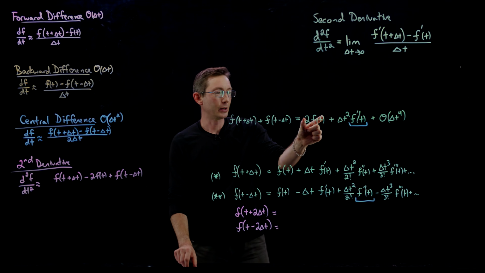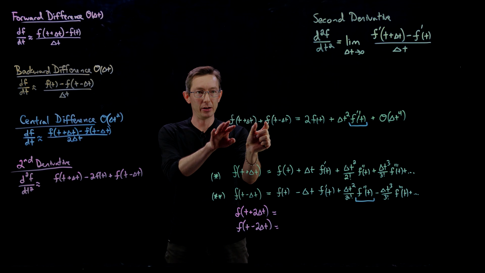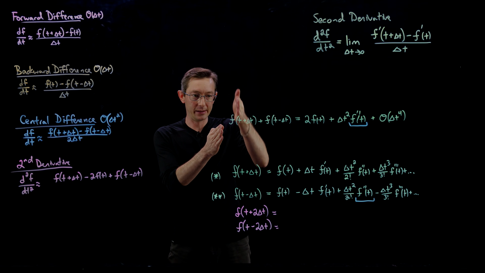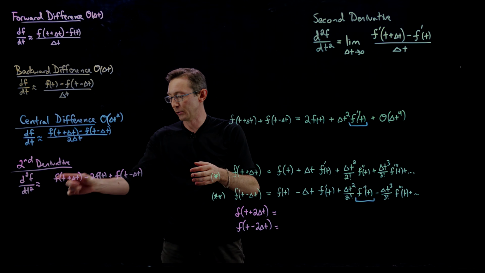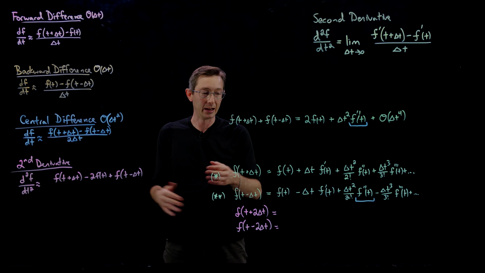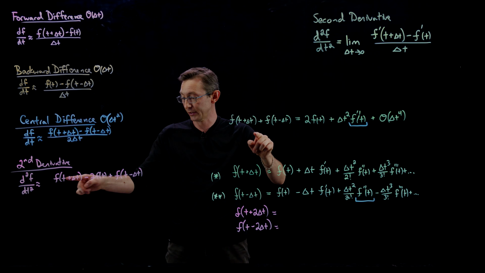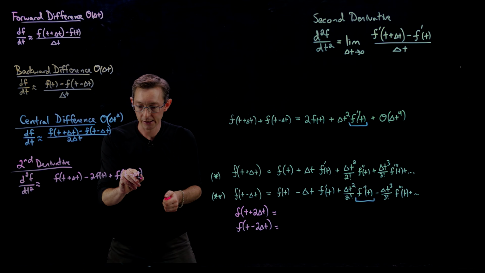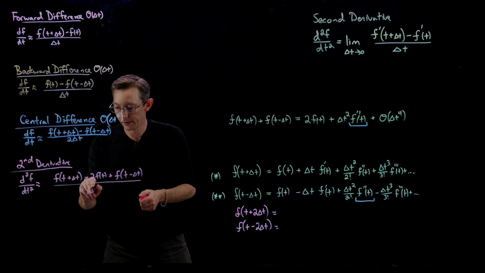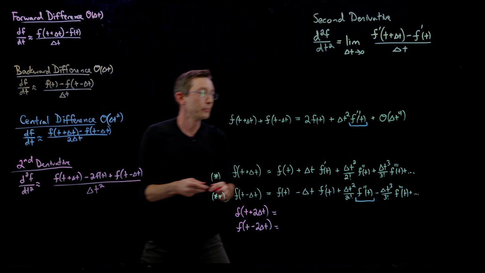When I subtracted this 2f of t, I just put it in the middle here because I kind of want to order them. This is the future point, this is the present point, and this is the past point. So future, present, past, I just kind of order them in time, but it's the same as this minus 2f of t. And then I divide all of this by delta t squared.